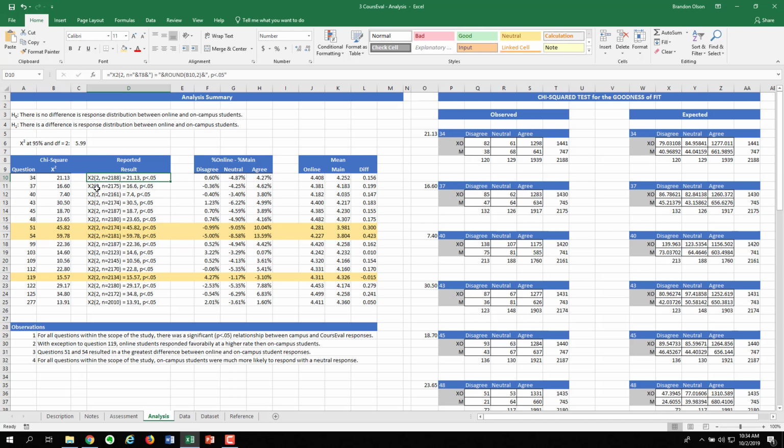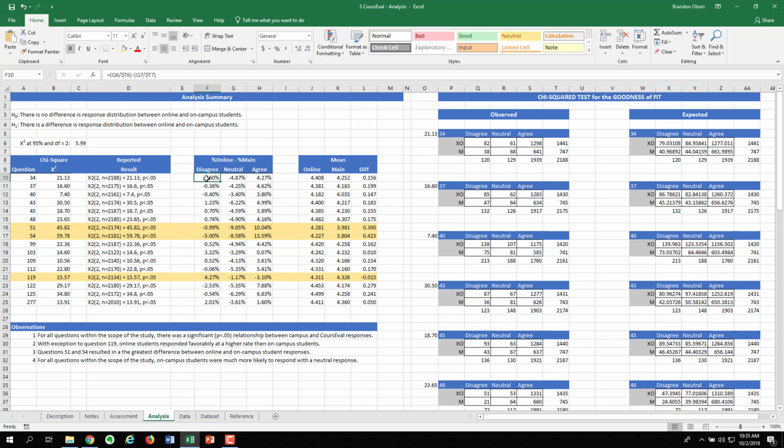I also formatted the results for all the other 15 questions in the same format to show my chi-squared results. But the key point here is all of them are statistically significant. Next, I compared the percent of online students that responded disagree, neutral, or agree to each of these questions. From that percent, I subtracted the percent of main campus students that responded disagree, neutral, or agree.